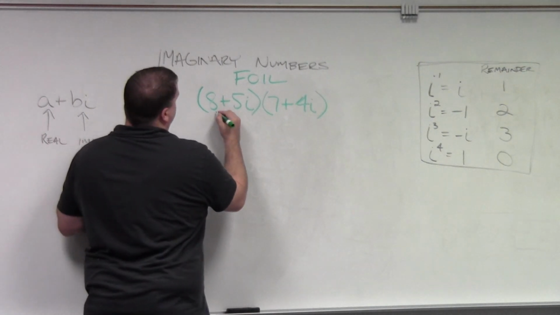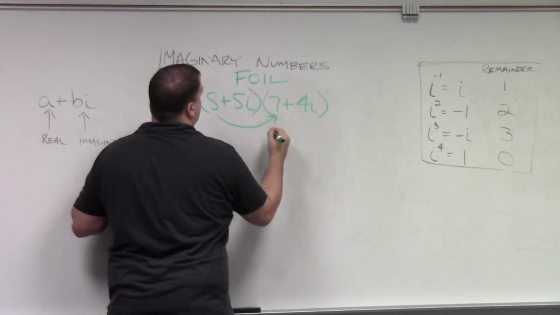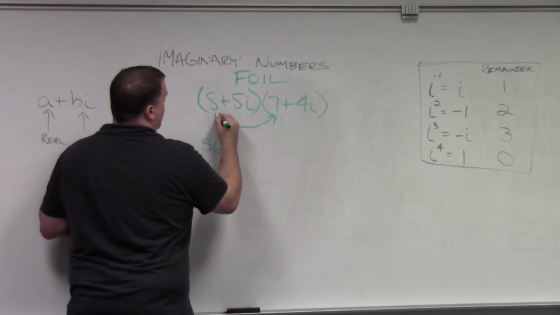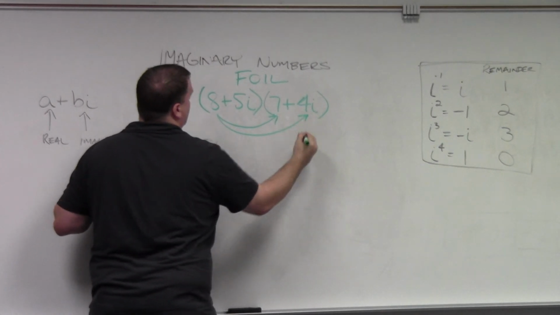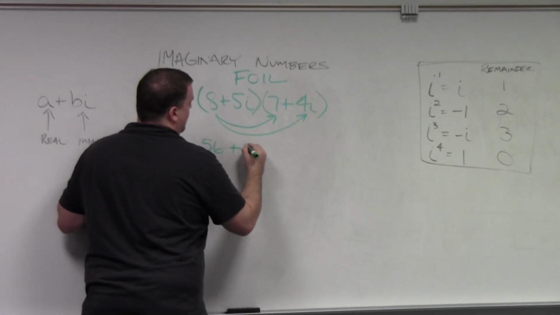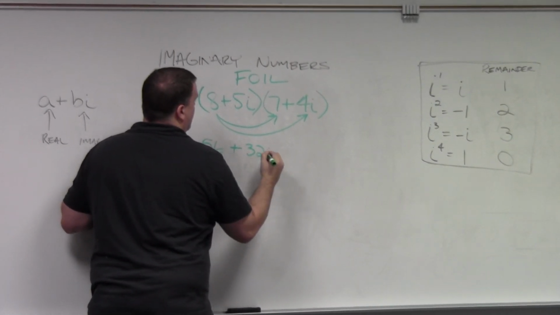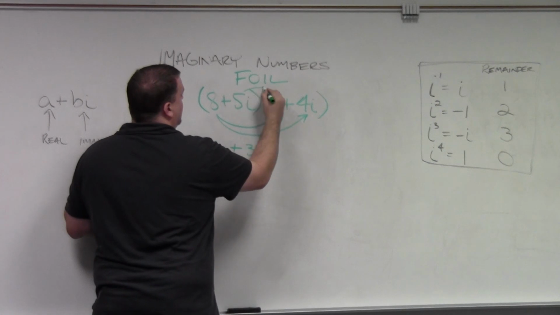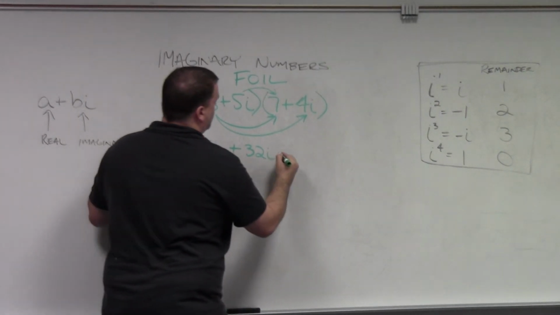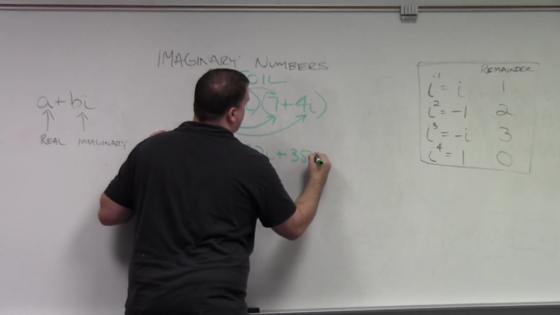So let's do that. We got 8 times 7, it's 56. Then we have 8 times 4i. What would that be? 32i. Then we have 5i times 7, 35i.